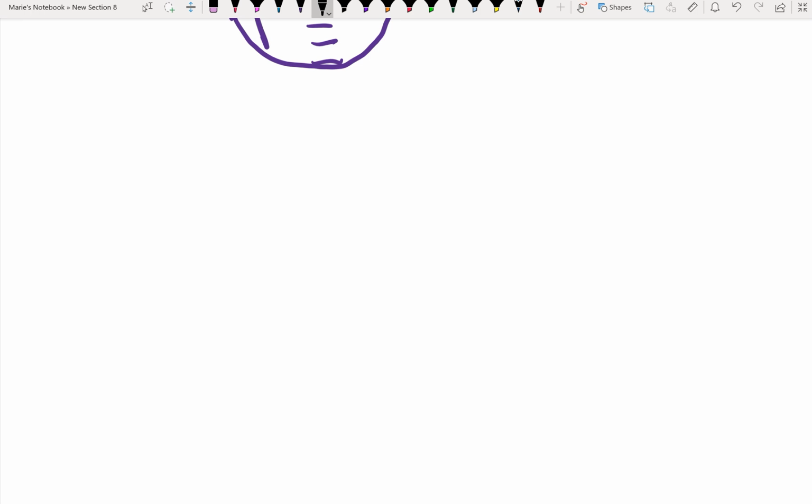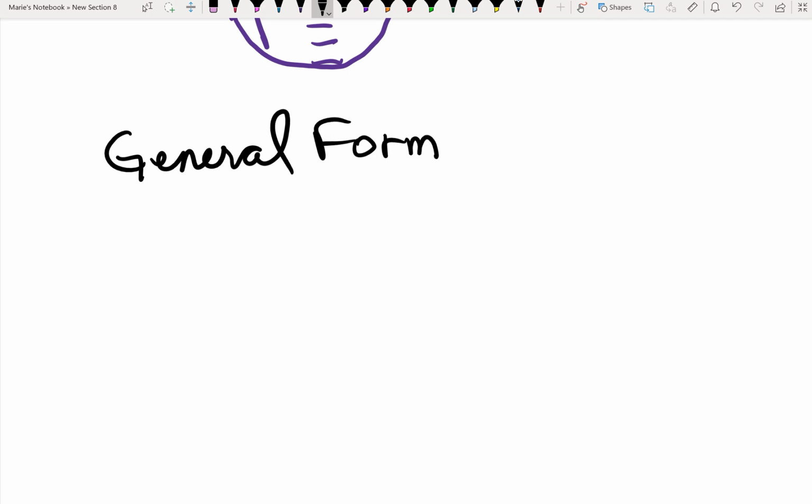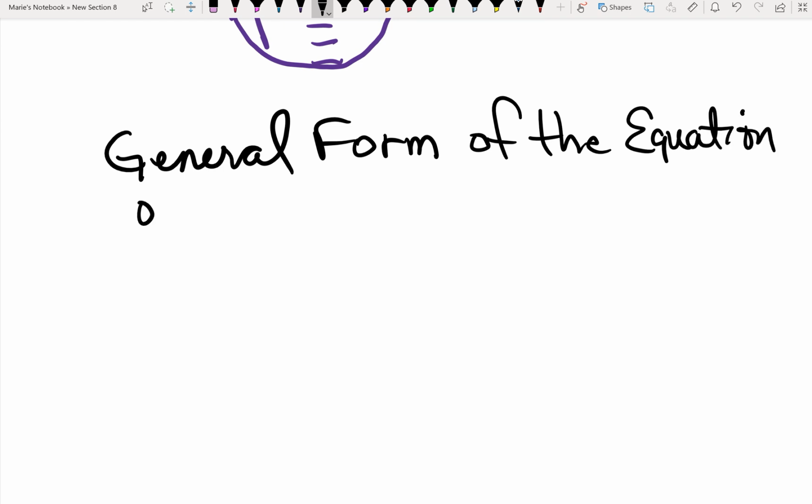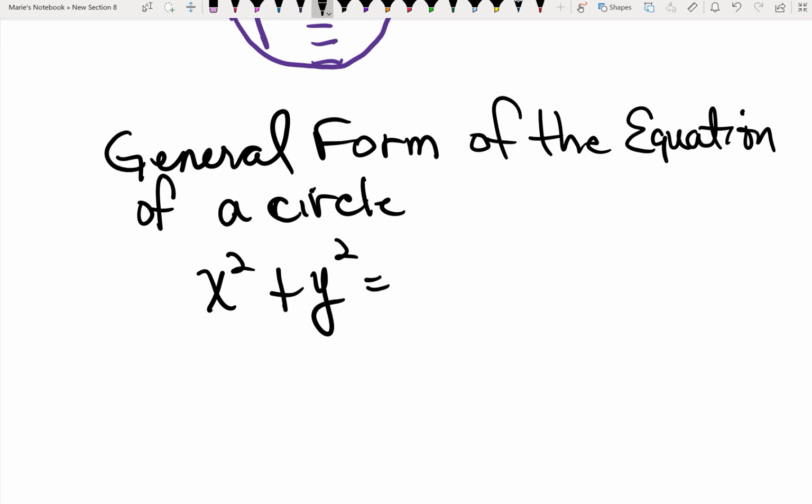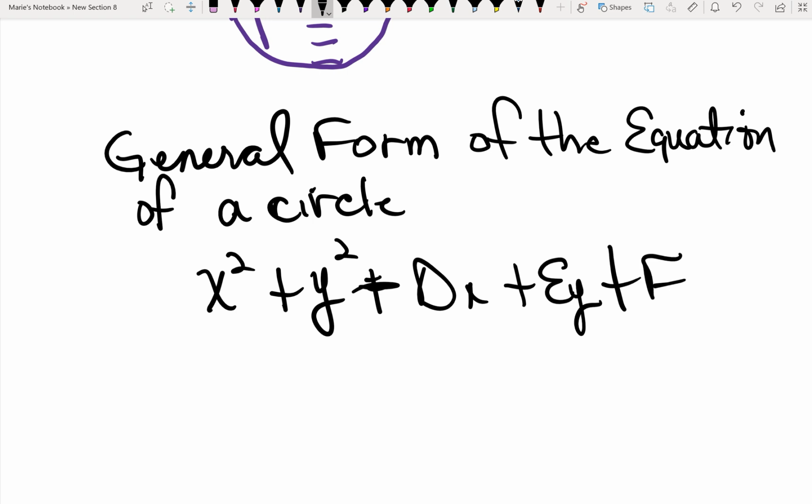You learned it. Done. So we're talking about the general form of the equation of a circle, and so we have x squared plus y squared plus d of x plus e of y plus f is equal to 0.